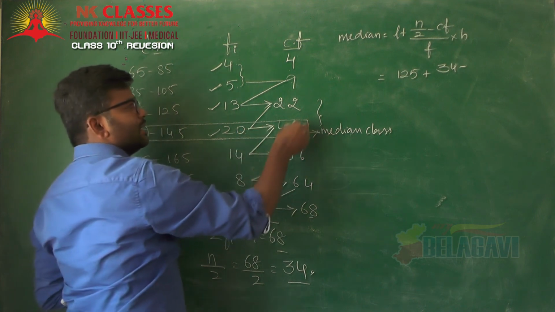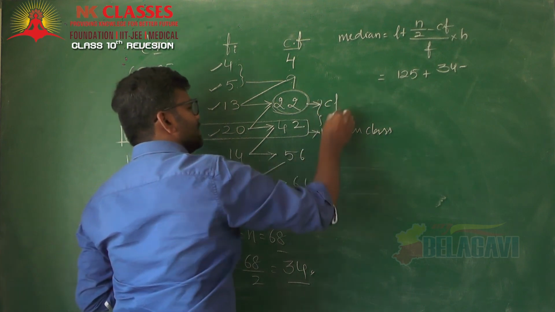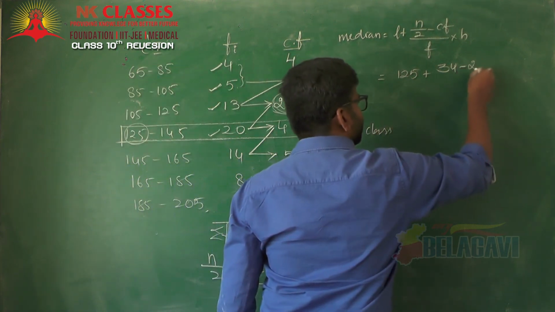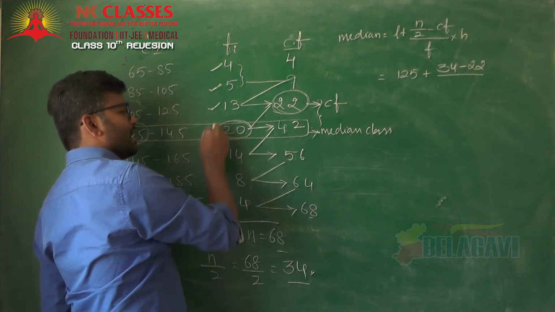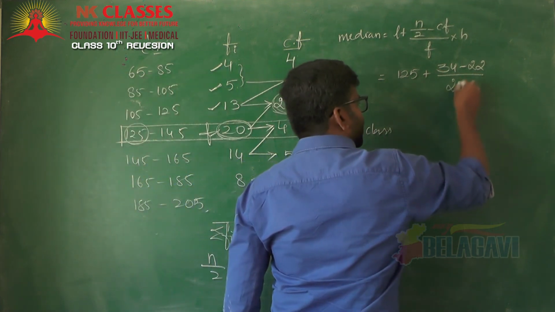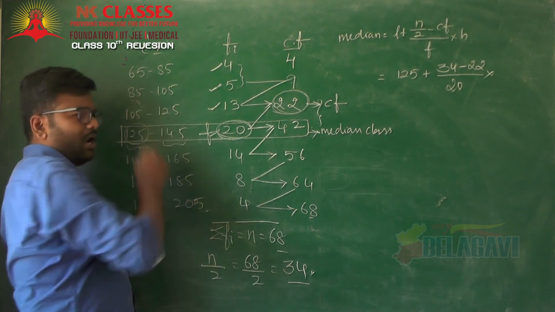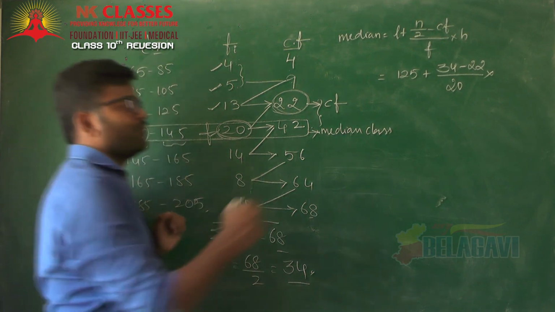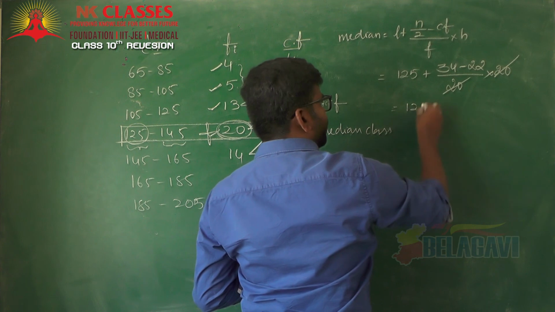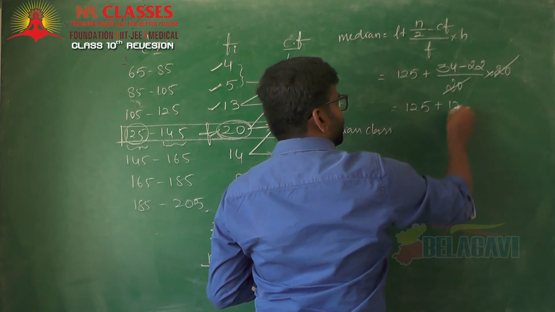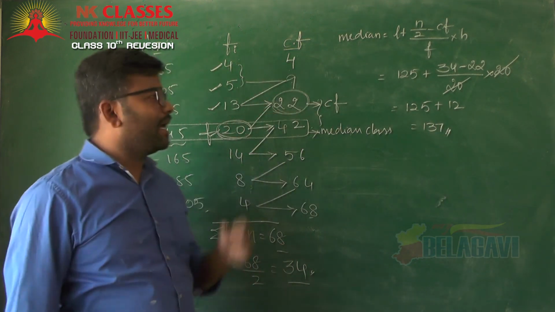Cumulative frequency in the same column is the preceding class cumulative frequency, that is 22, upon the frequency of the median class, that is 20, into height. Height means upper limit minus lower limit, 145 minus 125, that is 20. So 20 will get cancelled. This is 125 plus 12, which is 137, the median of the given table.